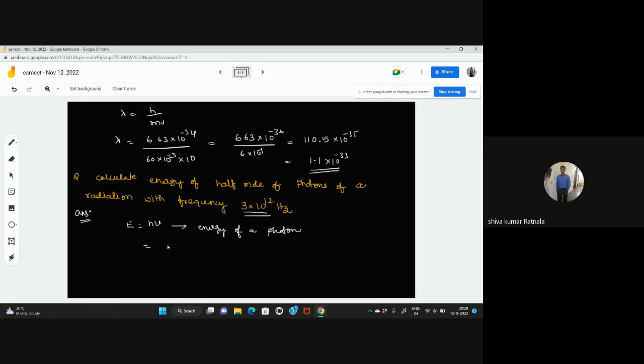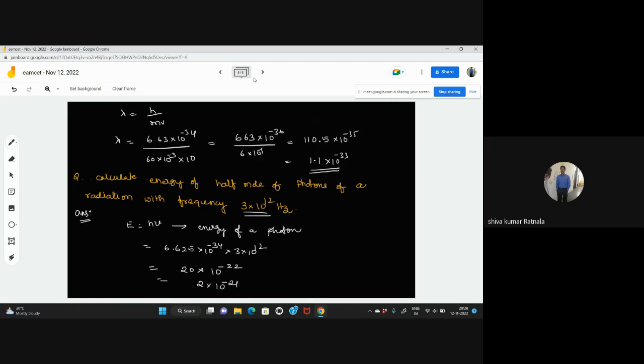That is 6.625 into 10 to the power of minus 34 into 3 into 10 to the power of 12. That means 6.625 into 3 is nearly 20. 20 into 10 to the power of minus 34 and 12, how much is it? Minus 22. That means nearly 2 into 10 to the power of minus 21.